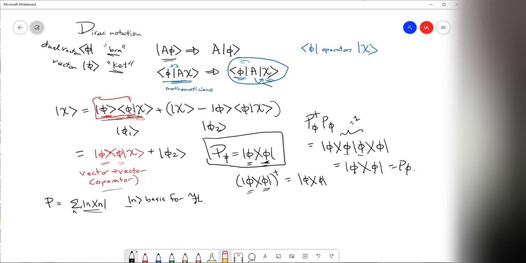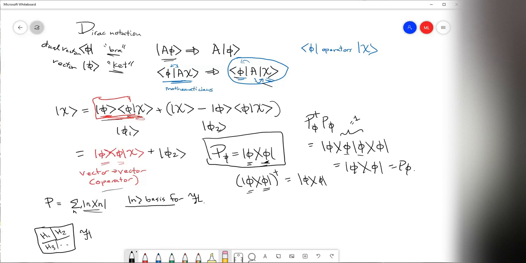So if you pick a basis for your H, right, then each one will have its own little subspace, H1, H2, H3, and so on for your whole Hilbert space.